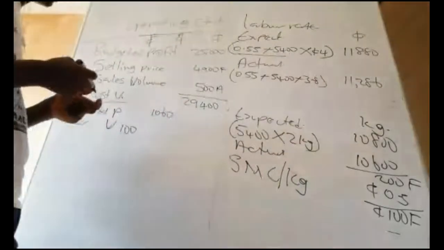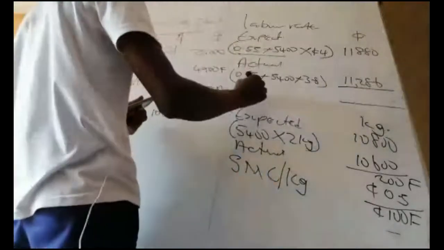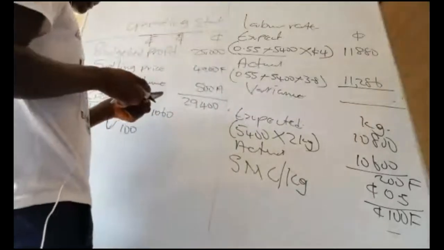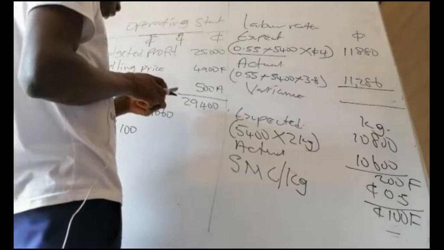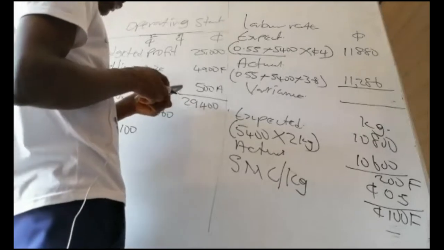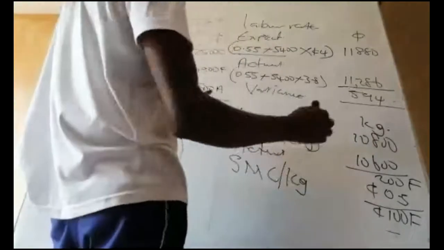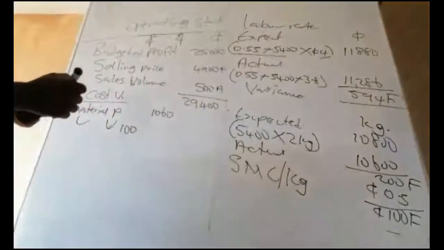So there will be a variance of 11,286 less 11,880, which is 594. And that will be favorable because this 11,286 is lesser than the expected.